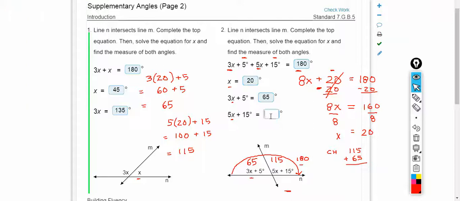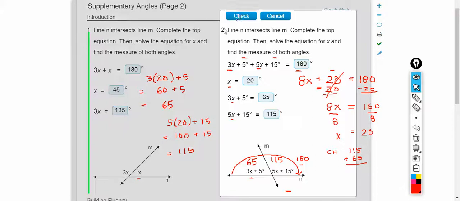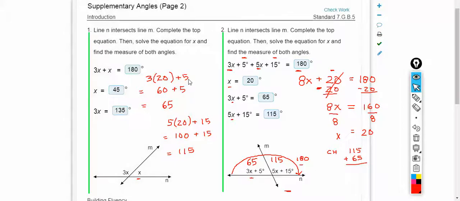So that means that 115 should be about right. Alright, everything is good. Alright, let's move on to the next problem.